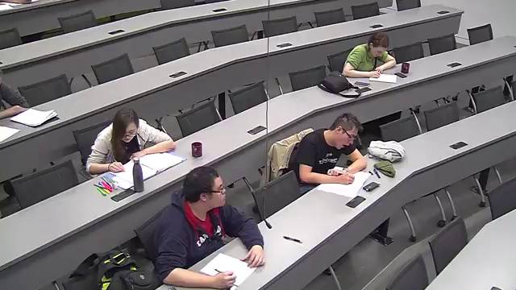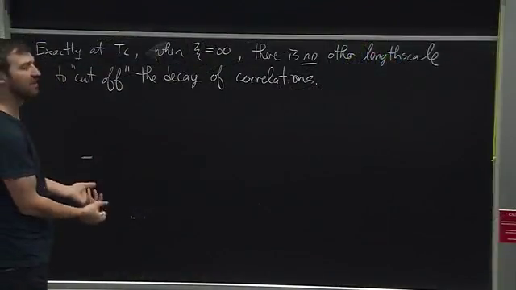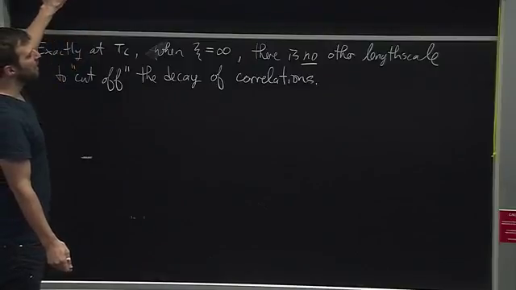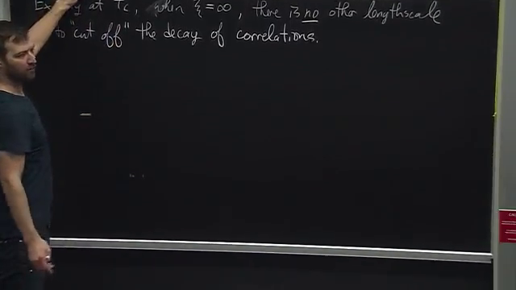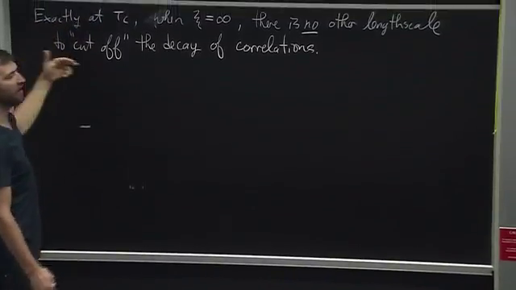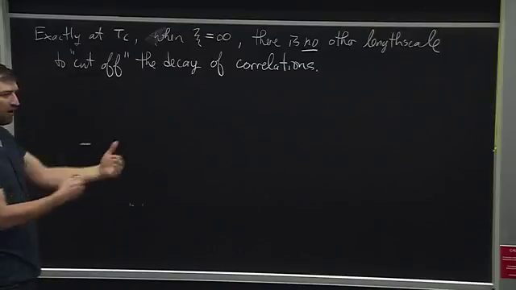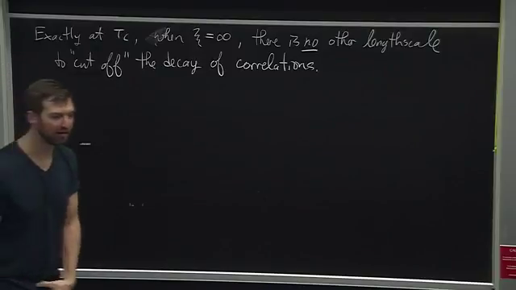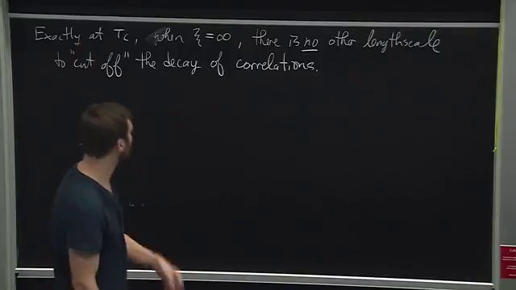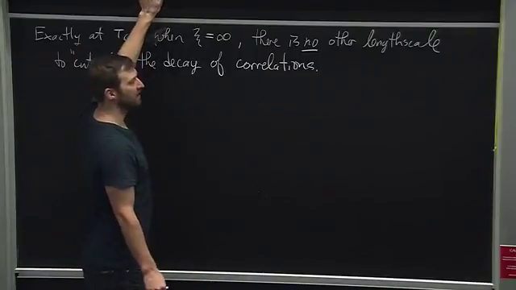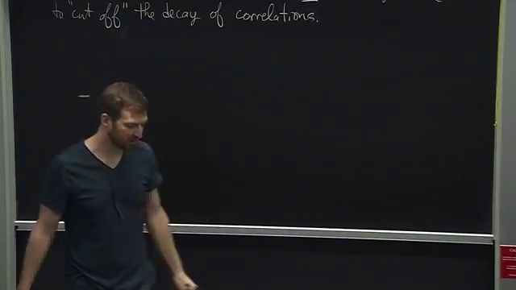There's microscopic length scales. There's the interaction range. But at criticality, those don't matter. They don't define the range of correlations, at least in the long wavelength limit where we defined this correlation length. So there is no one characteristic length scale in those systems.